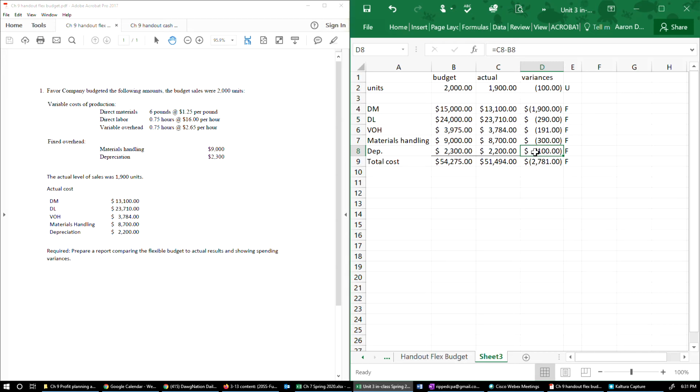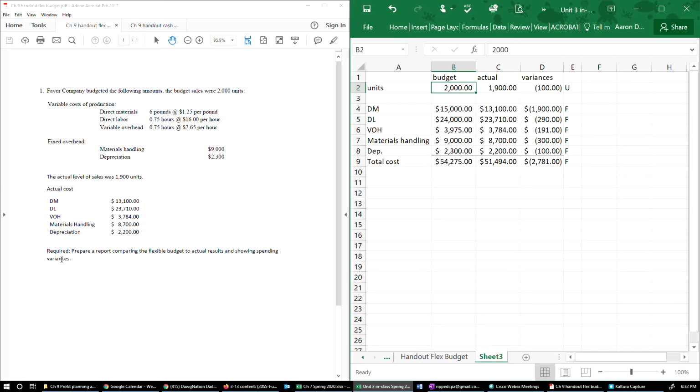We can't tell, right? Because the actual and the budget are based on two different numbers. All right. So what flexible budgeting is: we're using the budgetary assumptions listed here, and we're going to adapt those to the actual level of activity, and then create a report comparing the flexible budget to the actual budget.